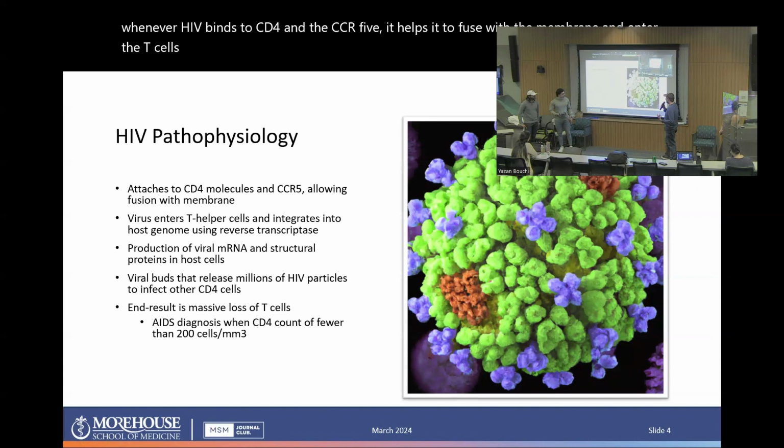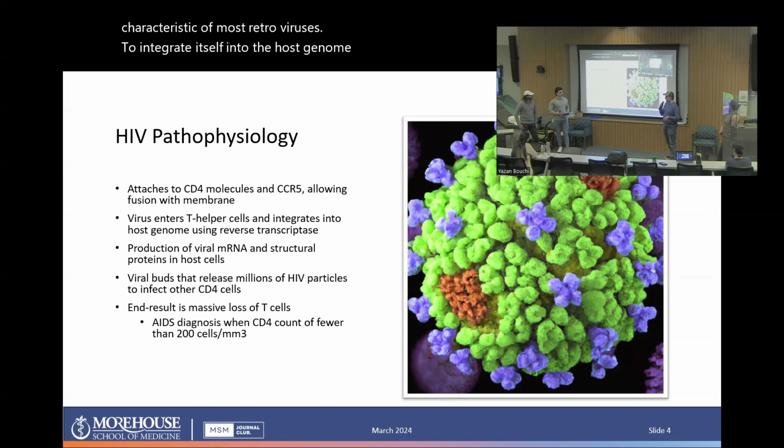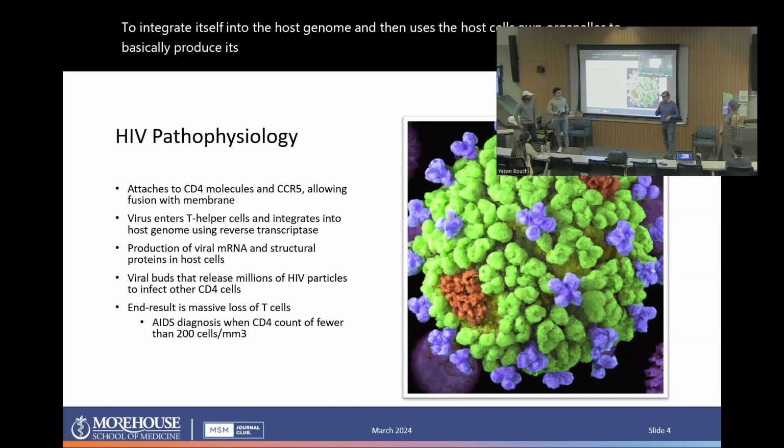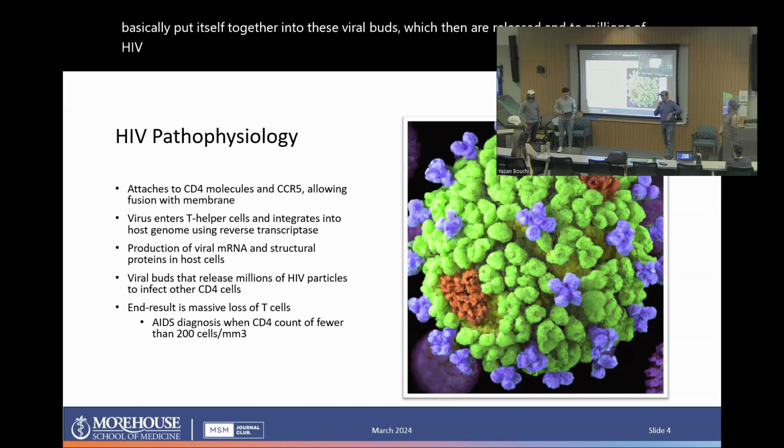After it enters the T cells, it uses reverse transcriptase, which is characteristic of most retroviruses, to integrate itself into the host genome, and then uses the host cell's own organelles to produce its own structural proteins. Once these proteins are produced, it puts itself together into viral buds, which are then released as millions of HIV particles, which can later infect other CD4 T cells.